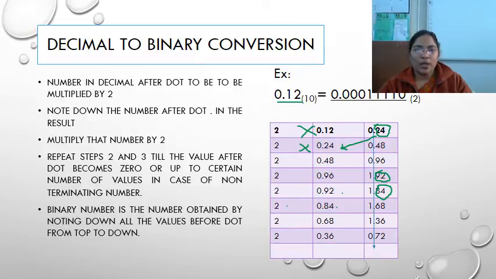See now, the whole-number portion before the dot is what we have taken, in order from top to bottom. It will be written like, see, 0, next 0, next 0, next 1, 1, 1, 1, 0.